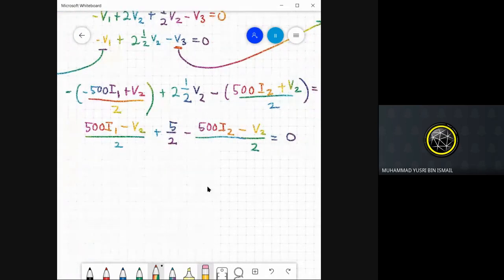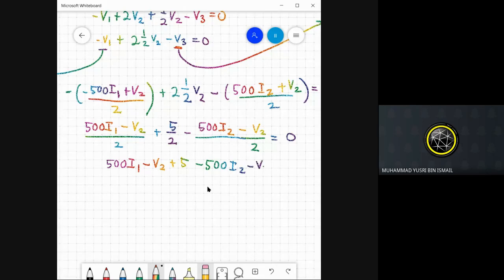Now you realize all of this is divided by 2. So you can write it as 500 I1 minus V2 plus 5 minus 500 I2 minus V2 equal to 0.